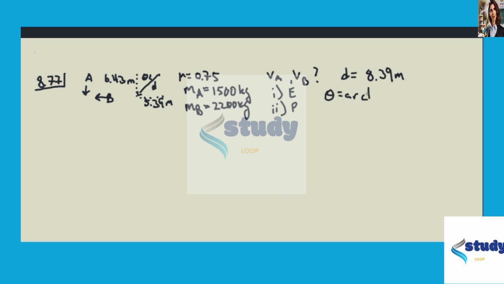Theta is the arctangent of the opposite over the adjacent sides. And this is about 50 degrees.